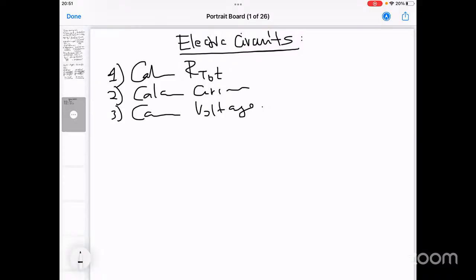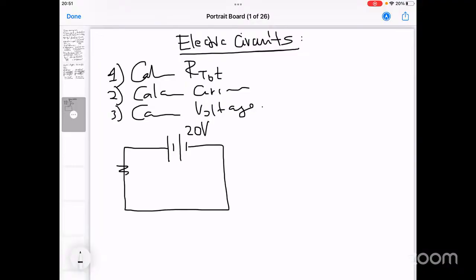Let me just draw and say we've got an electric circuit there. Just a simple one. Let's say this is 20 volts, and then this is 1 ohm. This is 2 ohms. Let's say this is 3 ohms.